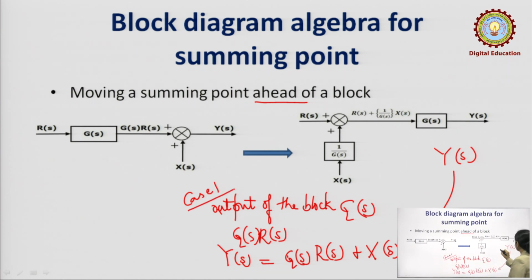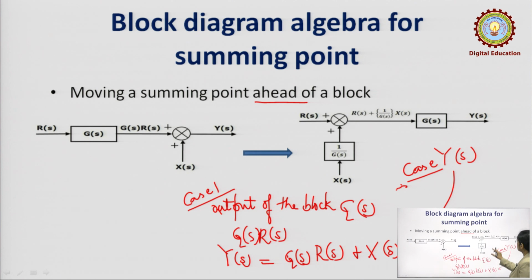So, let us check: if a summing point is moved ahead of a block, then we need to add a block whose value is 1 divided by g of s.